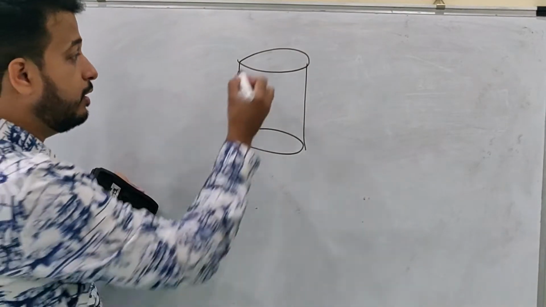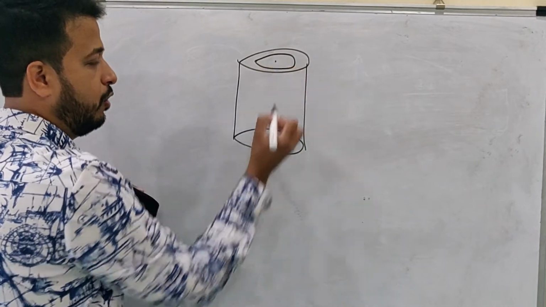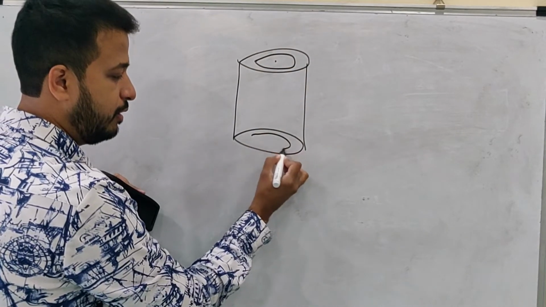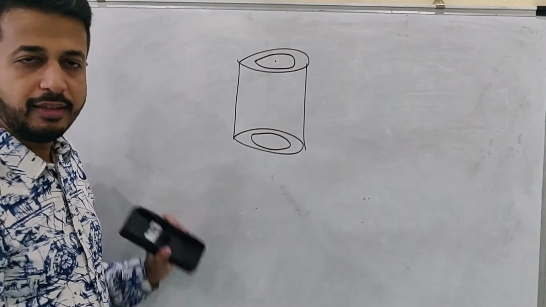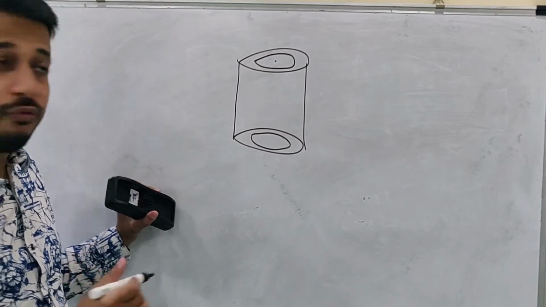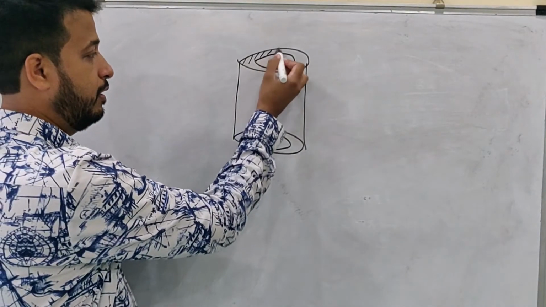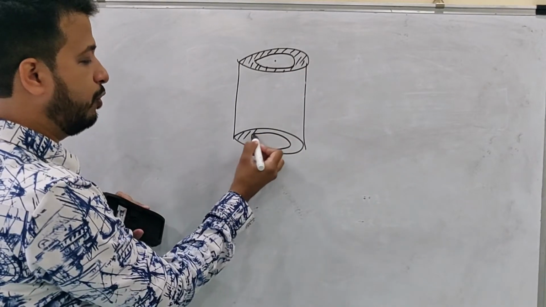The hollow cylinder, the inner part of the cylinder is going to be vacant. Okay, this is a hollow inside this. Now for this cylinder, if I want to find the volume of this hollow cylinder.